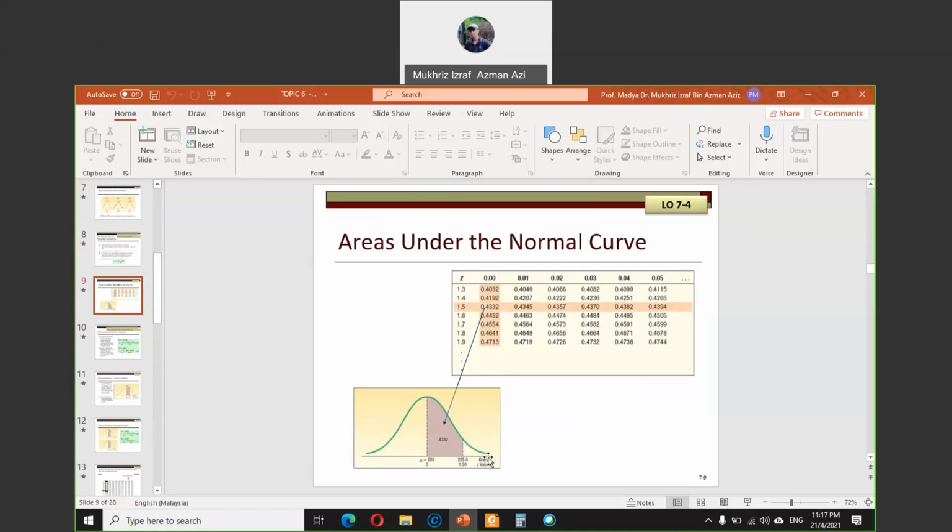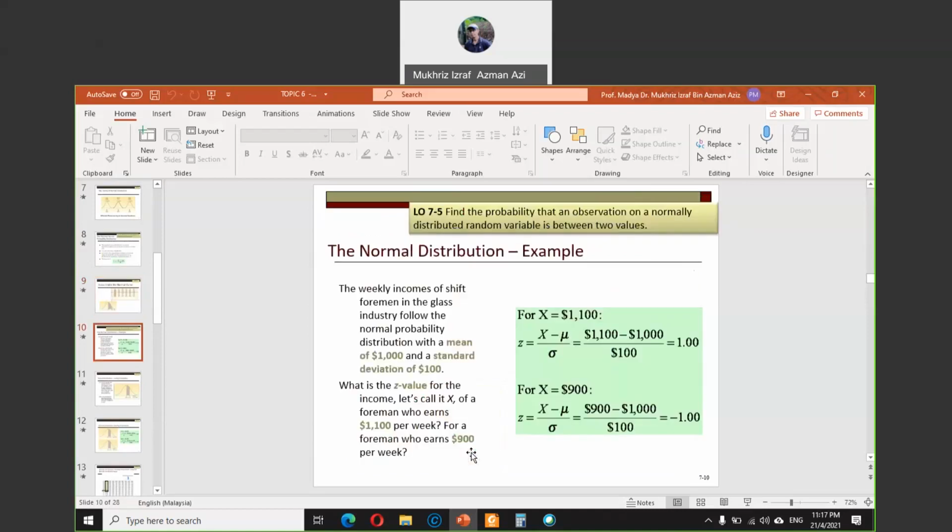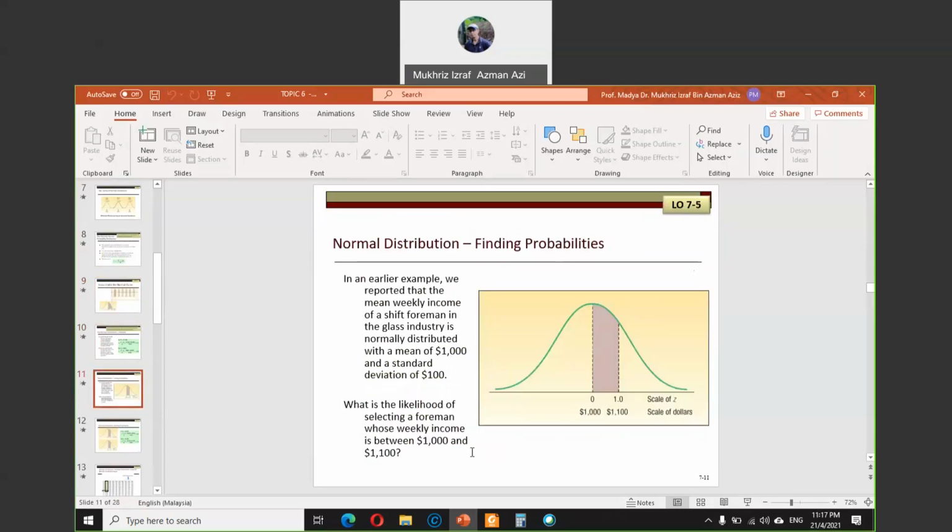So the area on the right is not covered in the table. If you want to calculate the probability of Z more than 1.50, it will be 0.5 minus 0.4332, so that you get the remaining area on the right tail of the normal distribution. We discussed that last Monday.